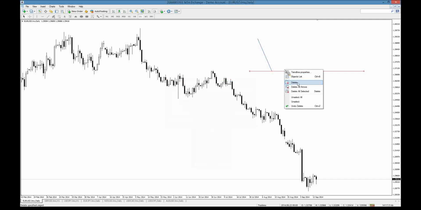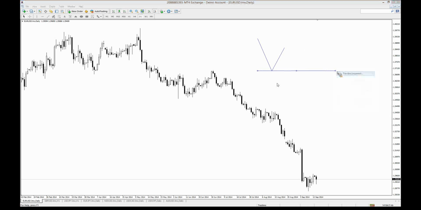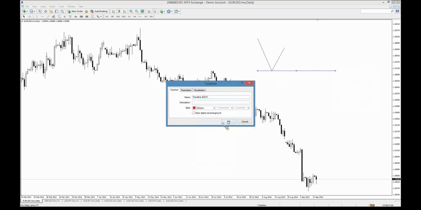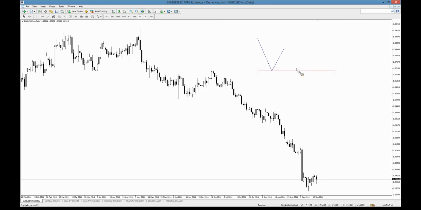So price comes down to an area on your chart, and what happens is you have buyers then coming in off this area, and they repel price and move it up. Now, this area over here, if price comes back to it, it's going to be looked at as potential support.